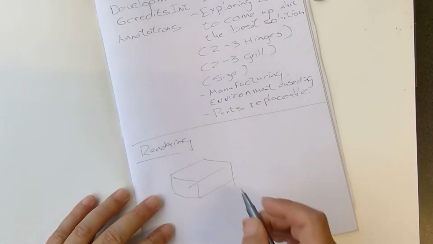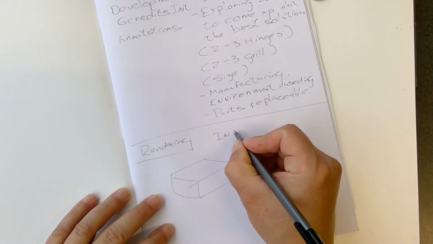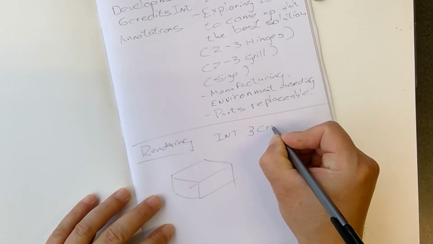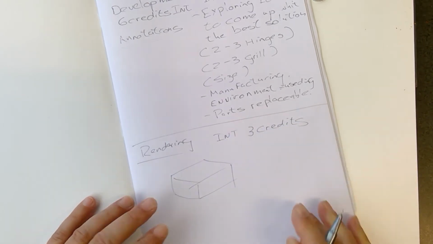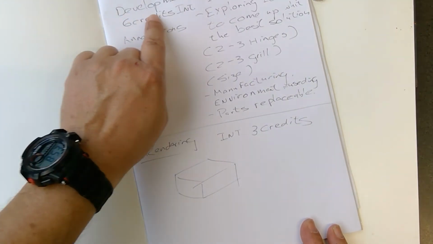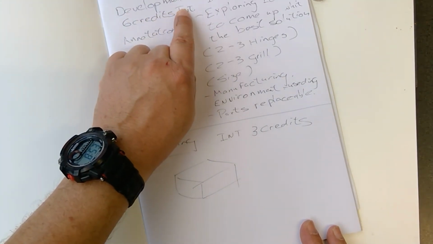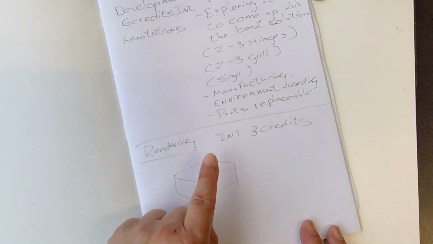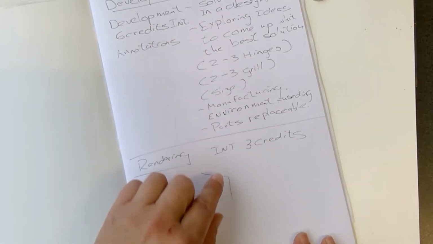And that's 3 credits, internal. For both of these, you'll have 2 shots, because in this assignment we can try and get that development standard plus the architectural assignment. We're going to look at that.